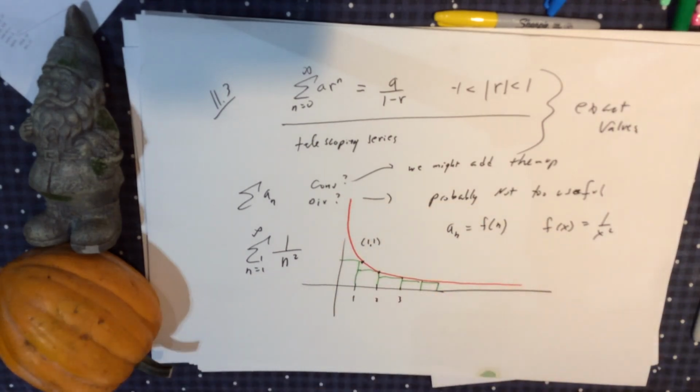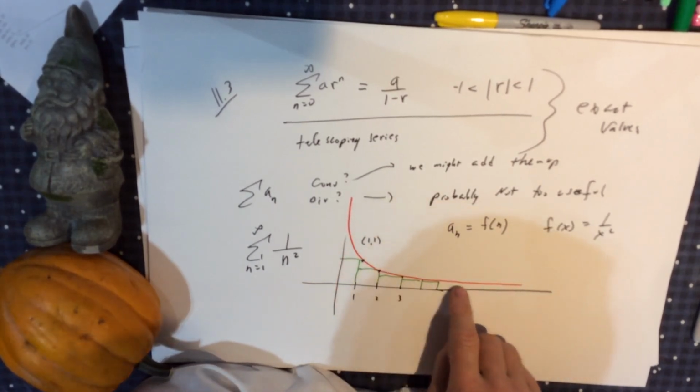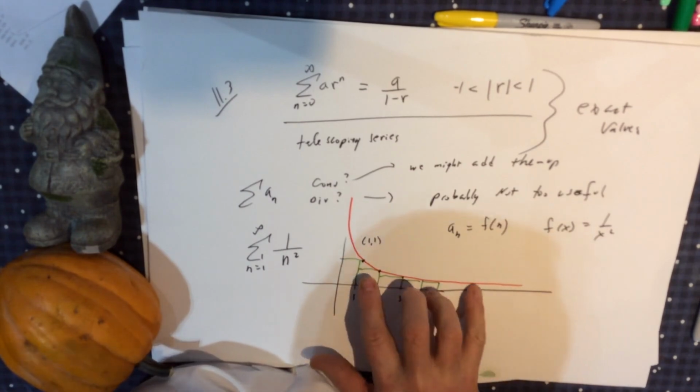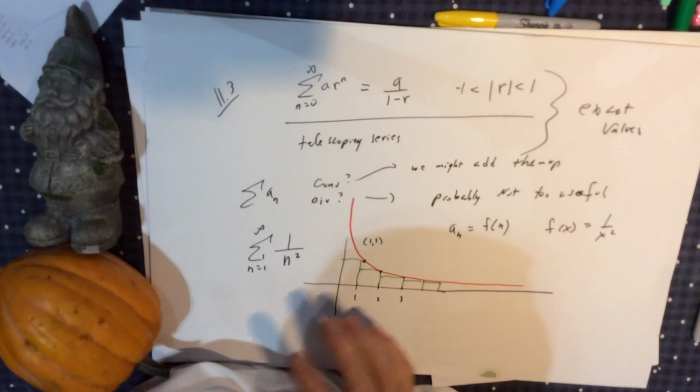Now, what's really neat about this is that in some sense, if I just do the integral from 1 to infinity, then all of the things except for the first term are less than that.